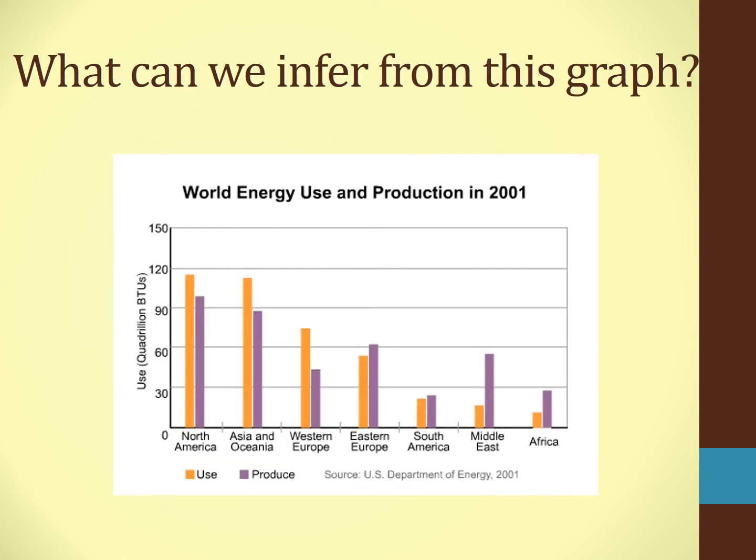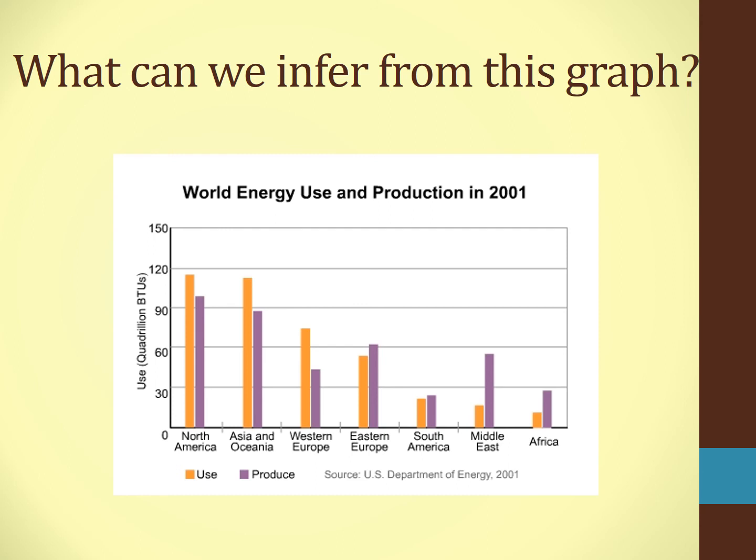So here you're going to see a bar graph. What could you infer from this graph? It may not tell us exactly, but if you look at this, what could you make an educated guess about? It's showing us the world energy use and production in 2001.